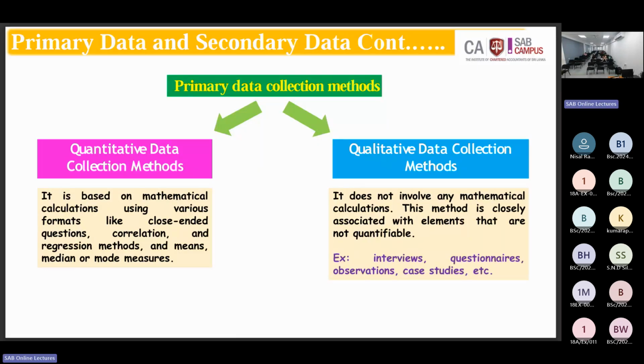If it is secondary data, in the sense, we are already referring to the published data. Especially, you can collect the data through annual reports, journals, and magazines, online databases, central bank reports, websites.